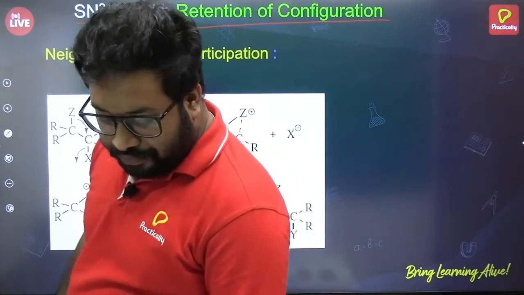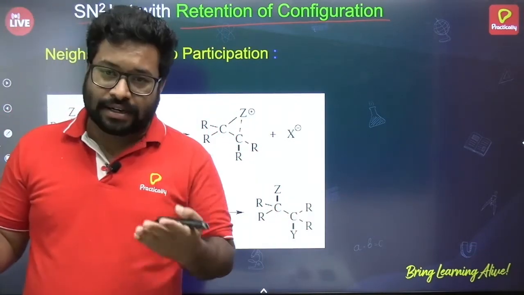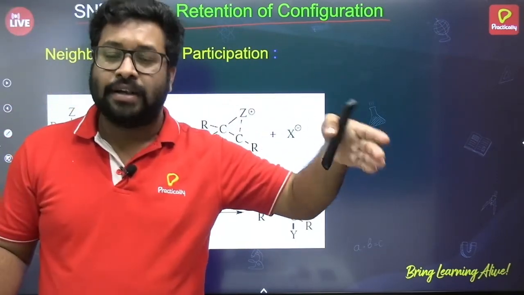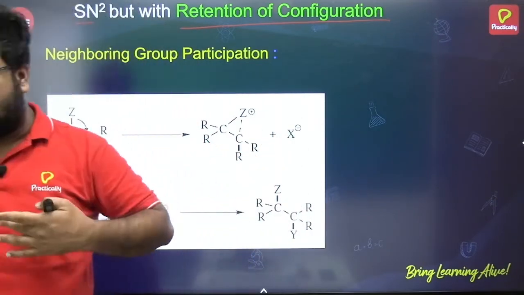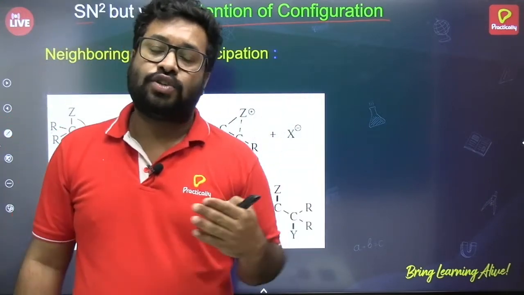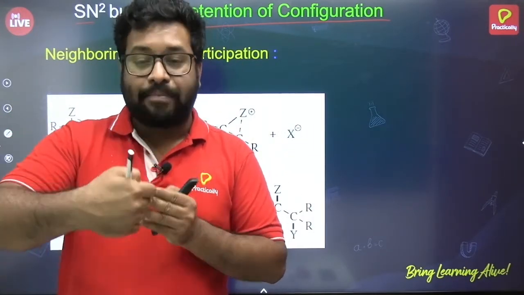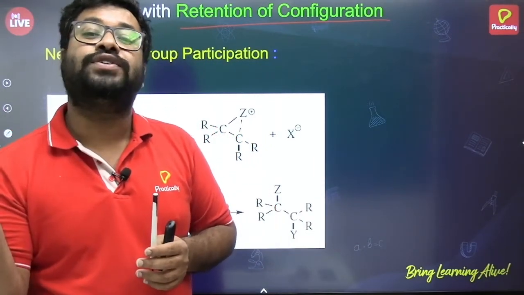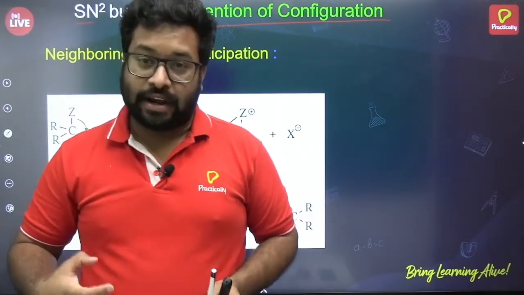Firstly, you know that whenever the SN2 reaction happens, the nucleophile attacks from the backside. As soon as it attacks from the backside, obviously it cannot attack from the front side. So when it attacks from the backside, the whole inversion happens. Every group gets mirror imaged from its original position, because of which you get the inverted configuration.